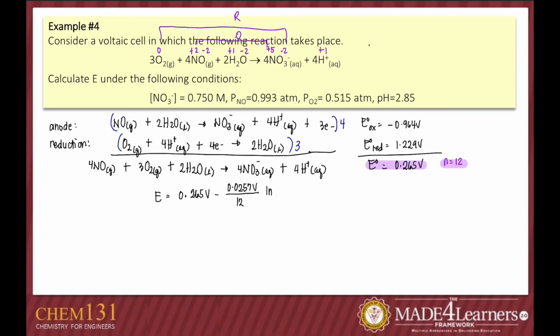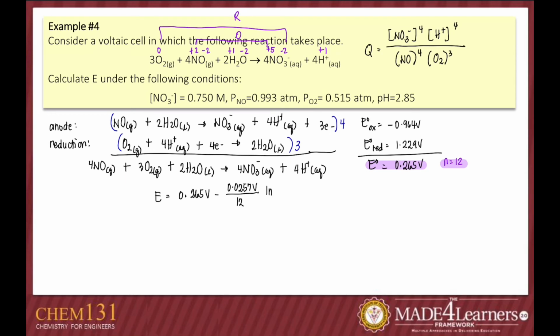So ang Q ani niya would be concentration ni NO3 negative raised to the power of 4 times concentration sa hydrogen raised to the power of 4 divided by, so walay labot ang water, so pressure ni nitrogen monoxide raised to the power of 4, pressure ni oxygen raised to the power of 3.